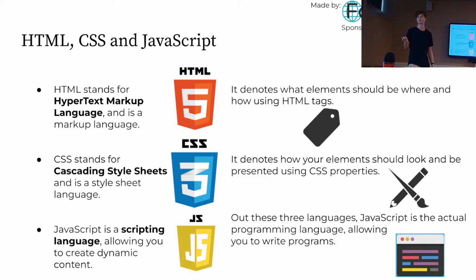You got CSS, which stands for Cascading Style Sheets, which decide how the website will look. So what colors, how the elements are supposed to stand in relationship to each other. And lastly, we've got JavaScript, which is a scripting language, allowing you to create more dynamic content and more advanced stuff.